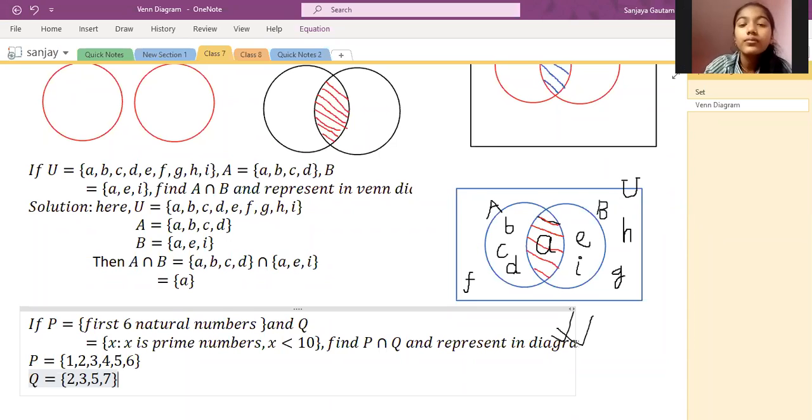So now P and Q are overlapping or disjoint? Overlapping. Why overlapping? Because 2, 3 and 5 are repeated in sets P and Q.